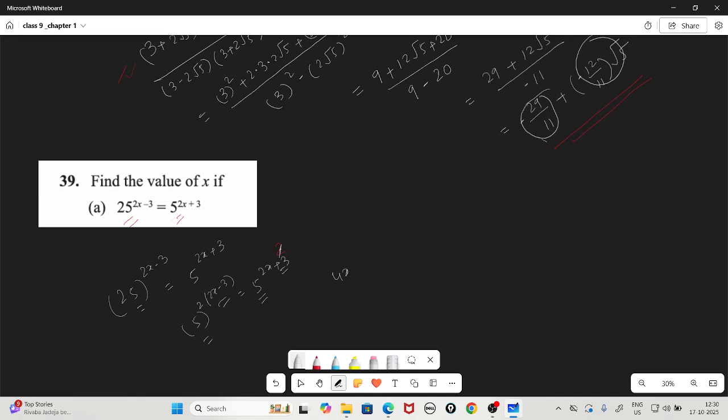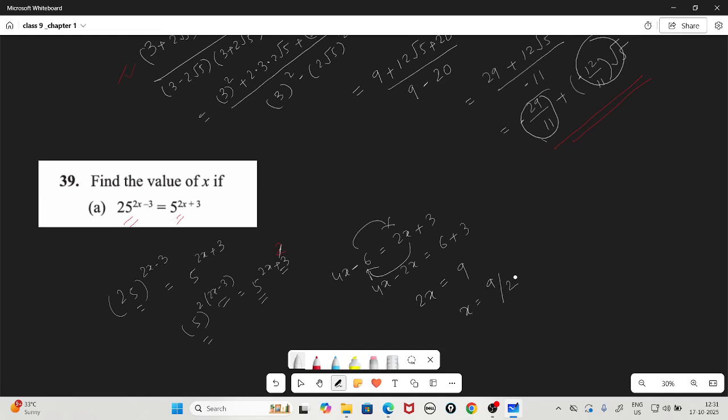So it's 4x minus 6 is equal to 2x plus 3. Make the like terms at one side. So 4x minus 2x is equal to 6 plus 3, plus minus 6 goes here, 2x comes here, and we change the sign. I hope everybody is comfortable with this. So it's 9, so the x value is 9 upon 2.